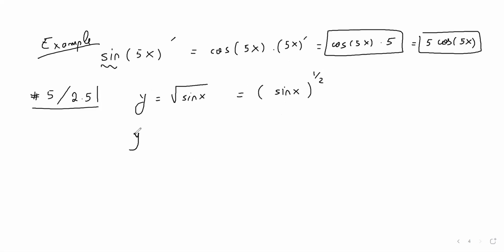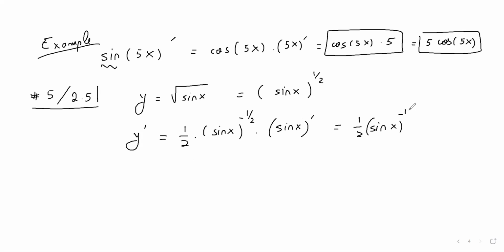So y prime is going to be 1/2 sine x to the negative 1/2, which is 1/2 minus 1, right? And then times sine x prime. And sine x prime is cosine x.